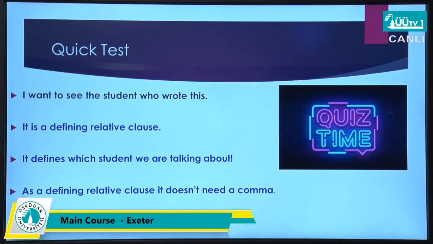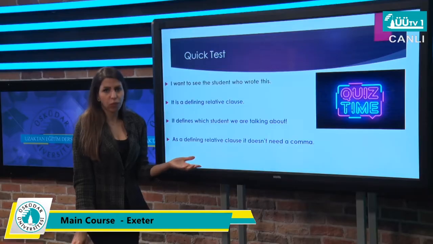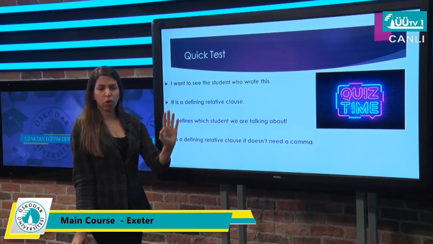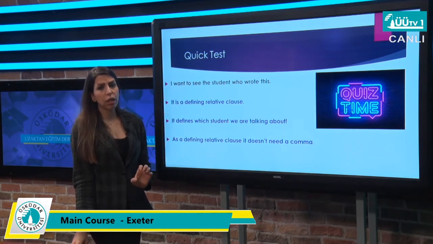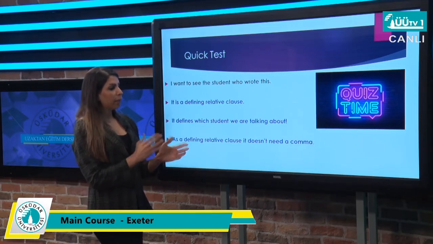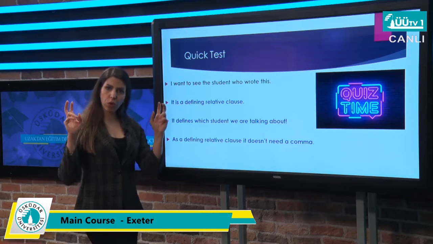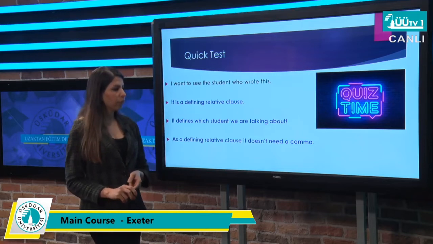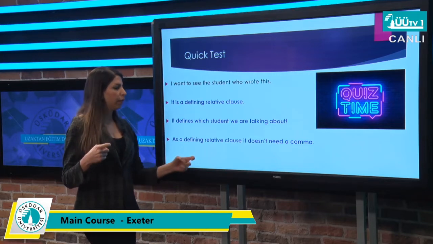Without that part, the sentence is meaningless. I want to see the student. Which student are you talking about? We have several students. So if I remove that part, if I delete that part, it is meaningless. So it is defining. And because it is defining, no comma. Yes? Let's look at the other one.